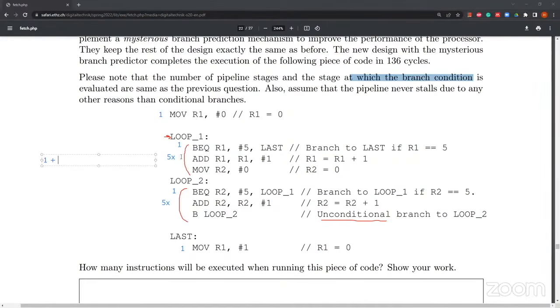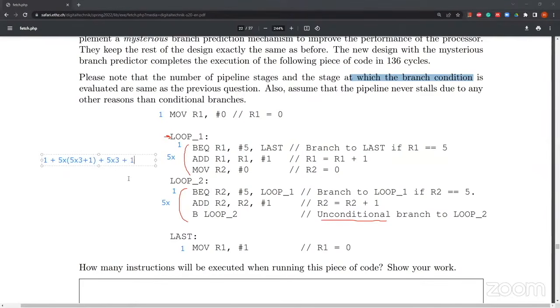And then this part is a bit tricky, right? So 5 times we will enter loop 2. And loop 2 consists of 5 times 3 instructions plus 1. So 5 times we will go from loop 1 to loop 2, which will be 16 instructions in total. And then 5 times we will execute these 3 instructions of loop 1.